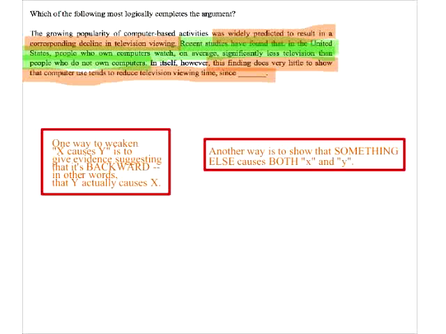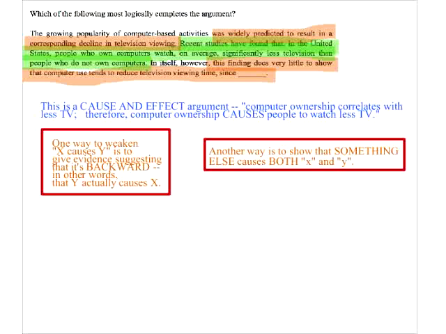This argument is a cause and effect argument. In other words, more computer time or computer ownership correlates with less TV. Therefore, computer ownership causes people to watch less TV. That's what the argument is saying.